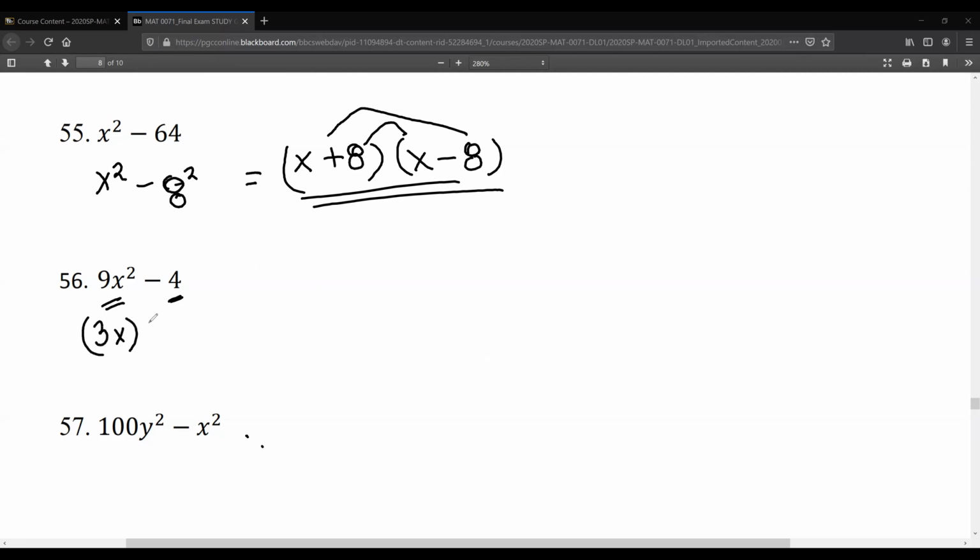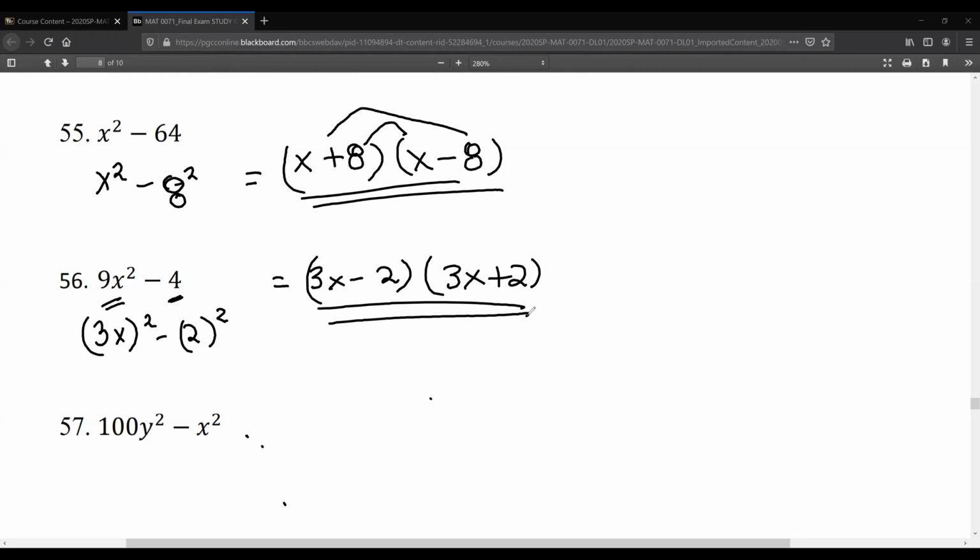Right, this is 3x squared minus 2 squared. And when you have a perfect square, make sure that this is a minus, because sometimes they'll put this as a plus. And if it's a plus, that's not going to work. It's only when it's negative that you factor this out. This becomes the factors of 3x minus 2 times 3x plus 2.